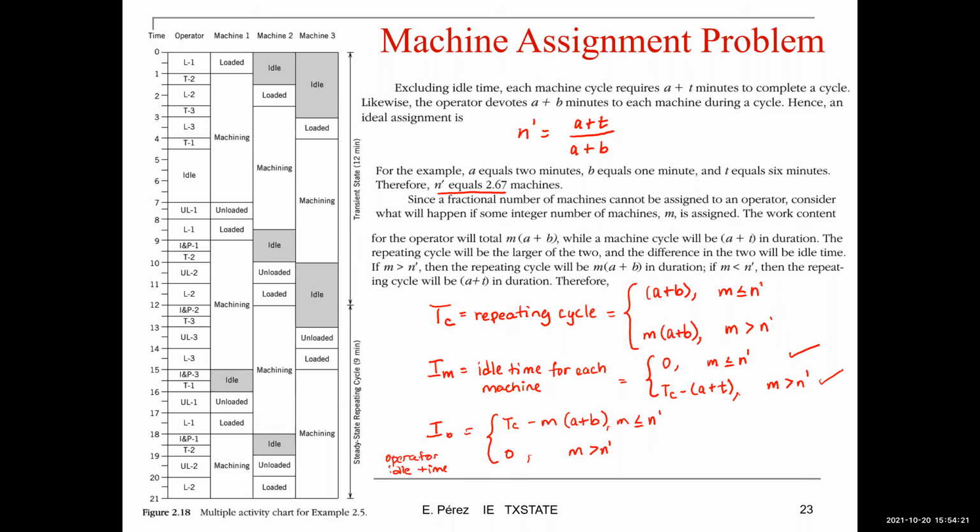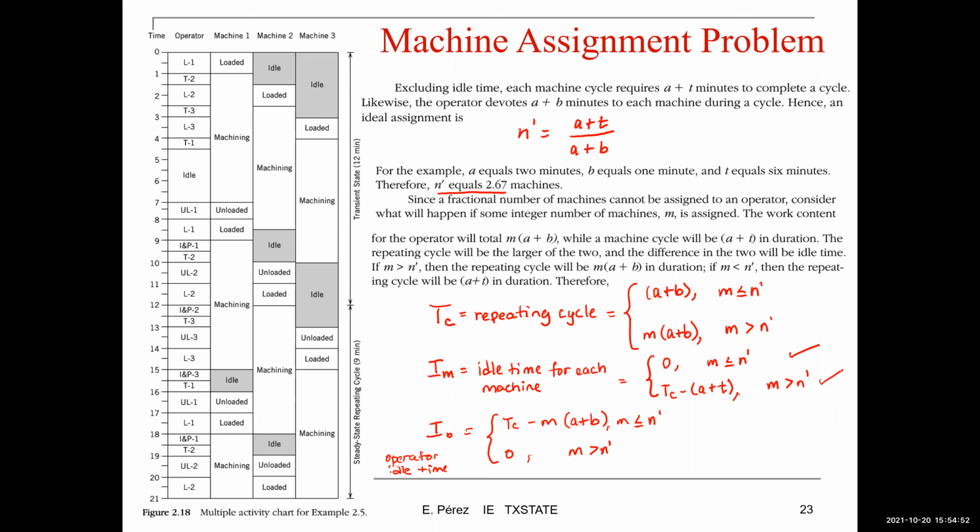What I would do is plot this into a graph and try to find the break-even point in which they have some time available, but not so much that they will be idle for a long period of time. So that will be the conclusion. The equation will be N prime equals (A plus T) divided by (A plus B). Most of the time you will get a fractional number.